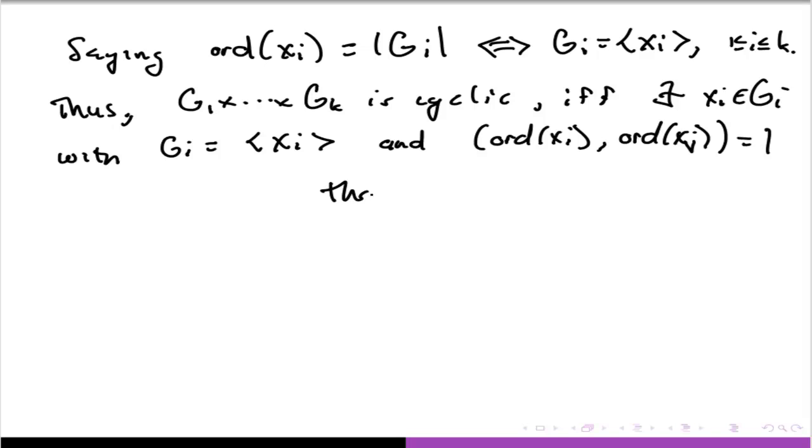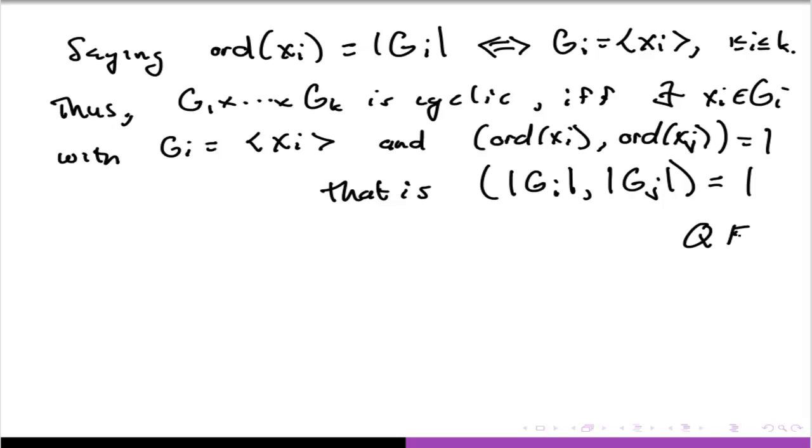That is, the orders of the groups, right? These are now cyclic groups, and the order of the group is the same as the order of the element. So the order of gi and gj is 1. The greatest common divisor is equal to 1. QED. Exactly what we wanted to prove.